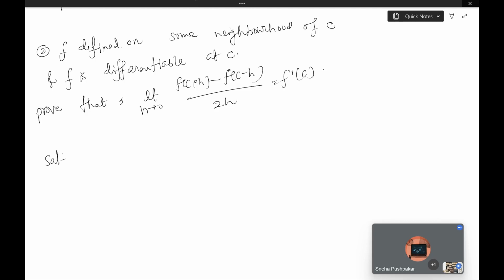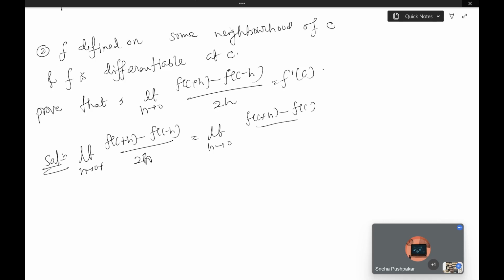Okay, so let's see how to solve it. Observe that the limit h goes to 0 plus of f of c plus h minus f of c minus h by 2h is equal to the limit h goes to 0 plus of f of c plus h minus f of c by 2h plus f of c minus h minus f of c by minus 2h.